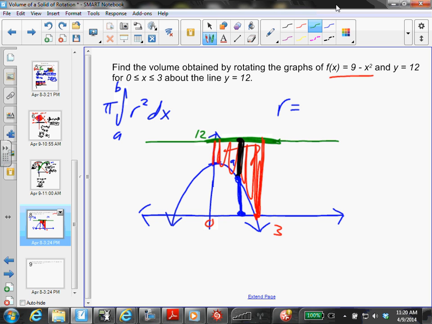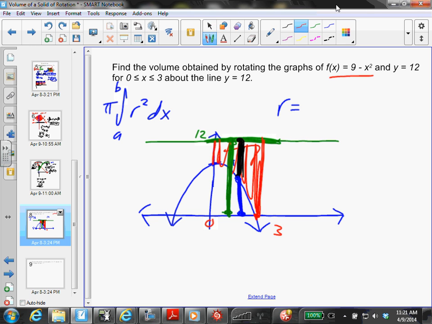Well, the way we can get the distance of that black line is to take the fact that this line right here, the axis of rotation, is always at 12, right? And so if we wanted this black piece right here, you can see if we took the green piece, which is the large piece, and subtract out the blue piece, then what will be left over is the black, which is what we actually want.